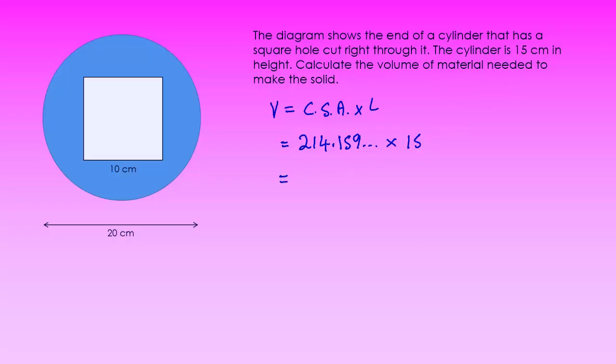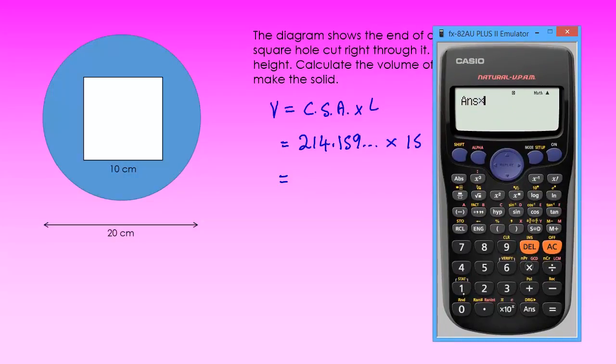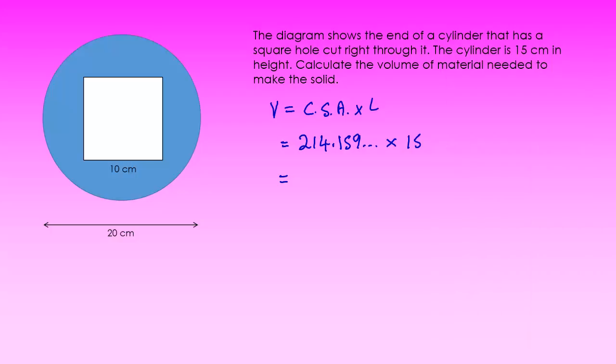So all we need to do is that calculation, and we've already got this on there, so multiply by 15. And let's give this to the nearest whole number, 3212. So that's going to be 3212 centimeters cubed, correct to the nearest whole number.